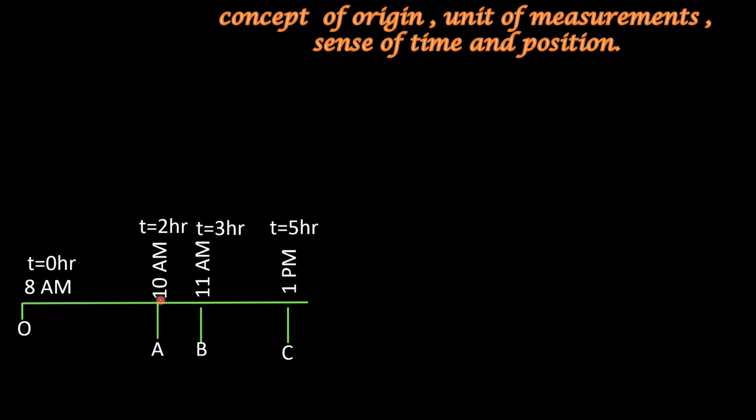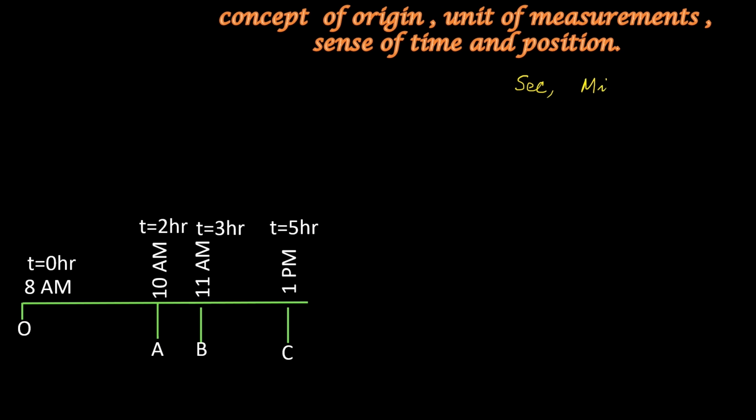So at point A, time is marked as 2 hours. Time taken to reach B from origin is 3 hours. So at B, t is equal to 3 hours. Time taken to reach point C is 5 hours from origin. So at C, t is equal to 5 hours.